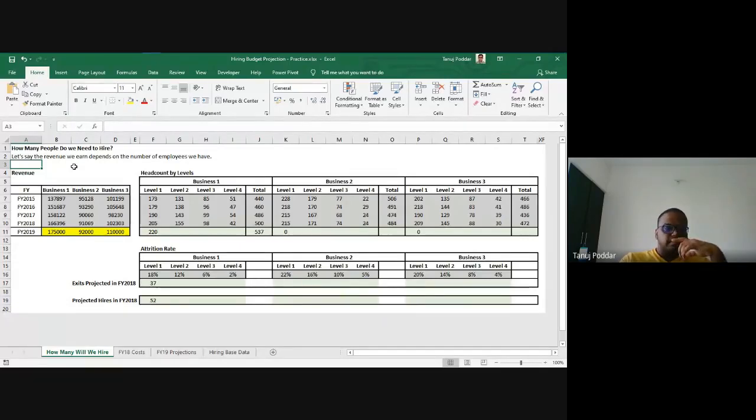This company that we are working with has three lines of businesses. It could be anything. It could be different kinds of operations that the company might be doing, so three different business areas, or three different regions that they are trying to serve. That kind of company has about four levels of employees.